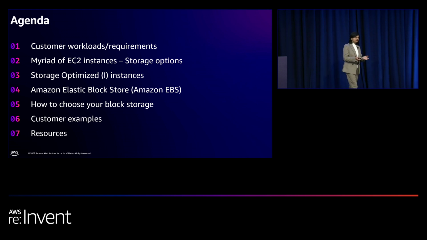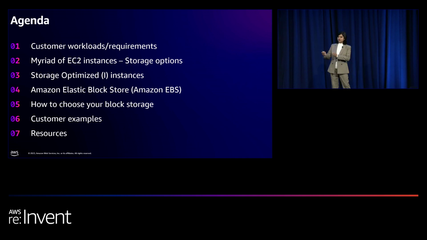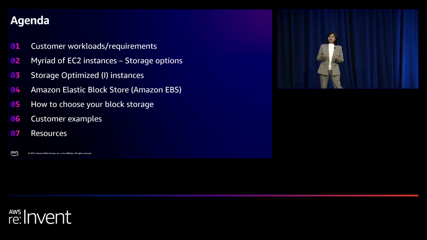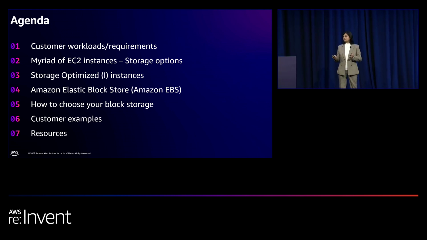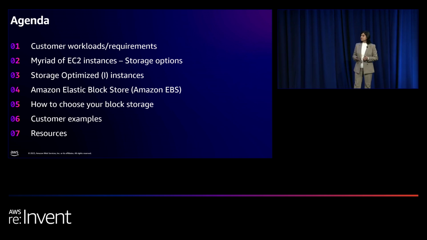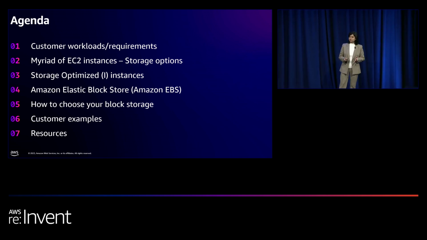Hopefully you'll be familiar with that already, but we'll give you an overview to get started. Then we'll give you the right guidelines to navigate your path among all these storage choices, how to choose the right one for your business. And after that, we'll walk you through real customer examples of how they went about choosing the block storage solution for them.